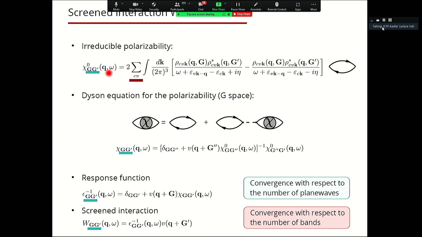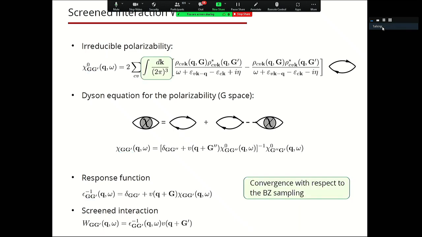And this means to have only a finite channel of excitation, that is, an electron-hole excitation. So we are not considering all the possible excitations, which are an infinite number, but we truncate this channel up to a certain point. Then, of course, we have to converge this integral here with respect to the discretization of the Brillouin zone sampling.